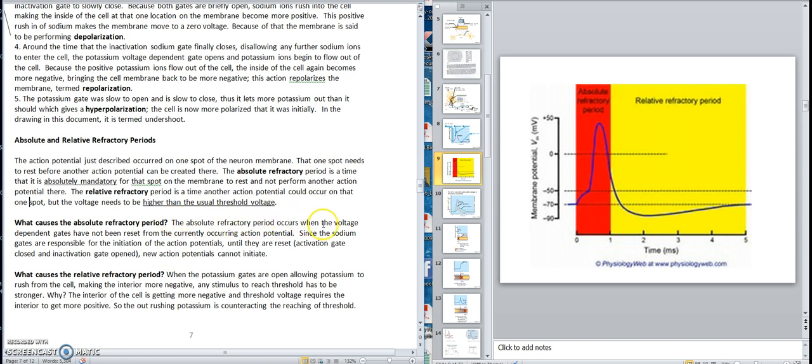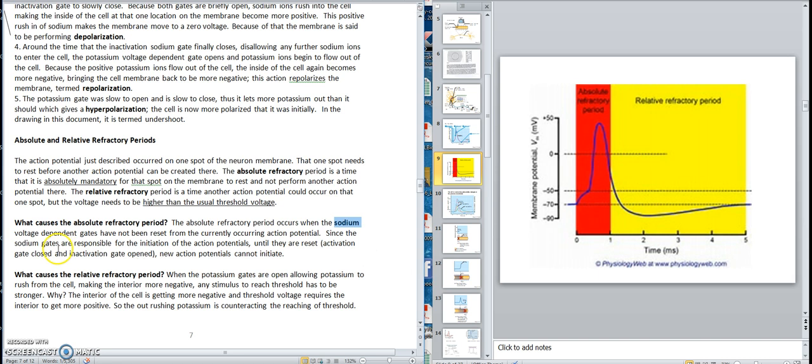The absolute refractory period occurs when the sodium voltage-dependent gates, not the potassium, have not been reset from the currently occurring action potential, the one that's in progress right now.